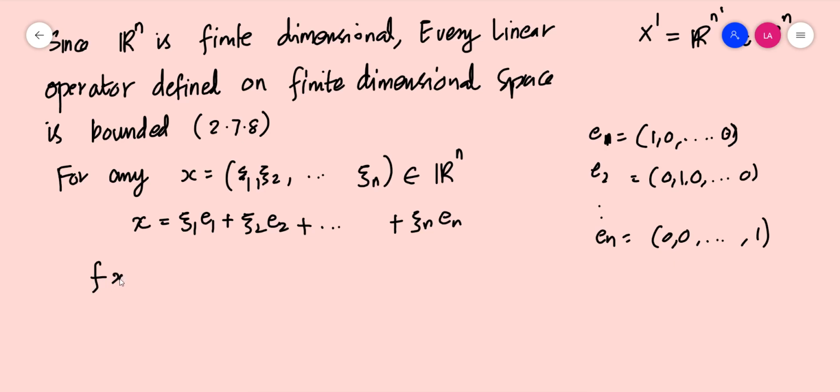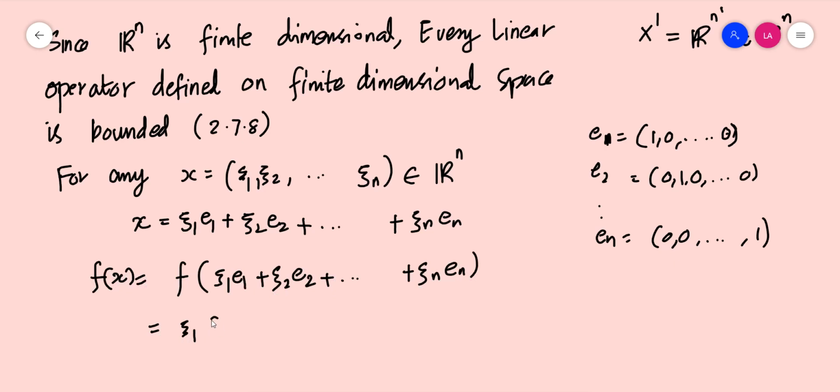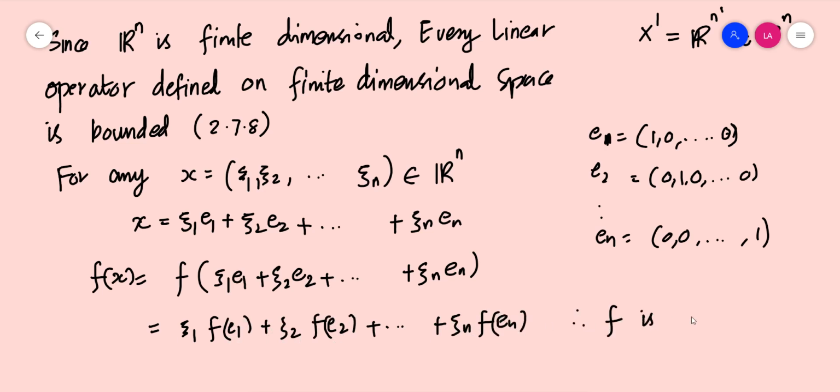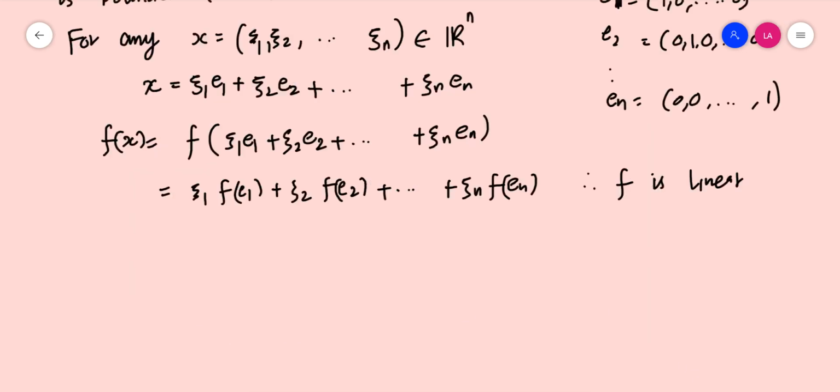Now f of x equals f of theta 1 e1 plus theta 2 e2 plus etc. theta n en. Since f is linear, this can be written as theta 1 times f of e1 plus theta 2 times f of e2 plus etc. plus theta n times f of en. The reason is f is linear and theta 1, theta 2, etc., theta n are constants.